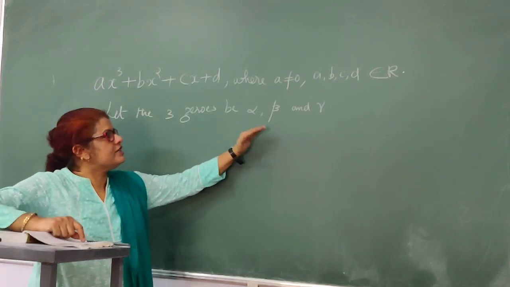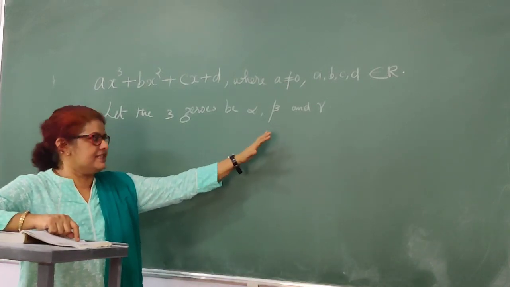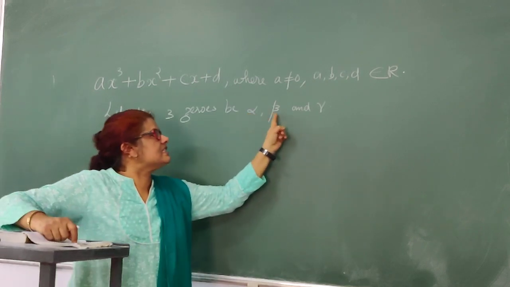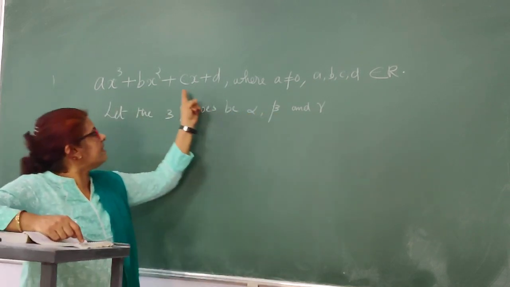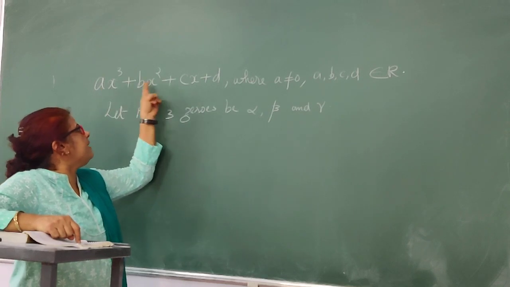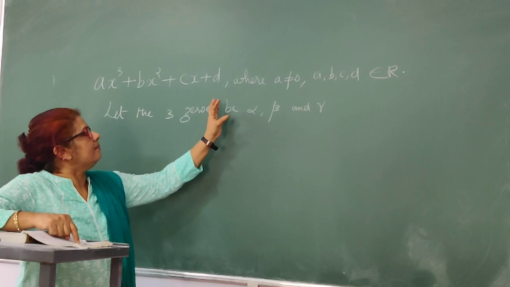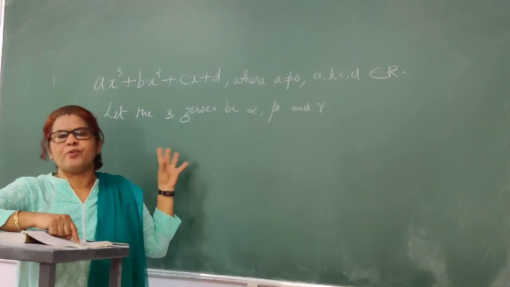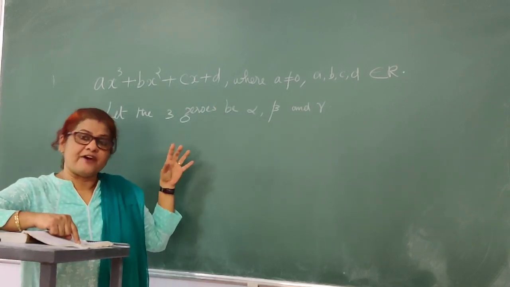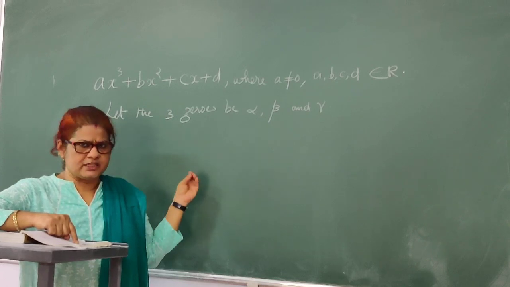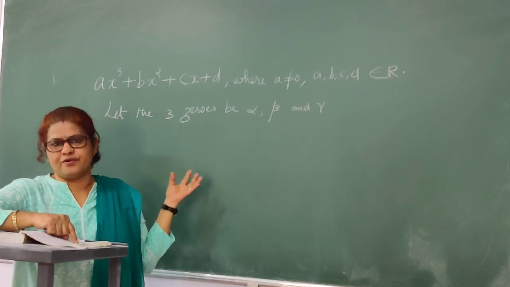Then we are going to discuss the relationship between these 3 zeros and the coefficients a, b, c and d. Finding the zeros of the cubic polynomial is not from the examination point of view.